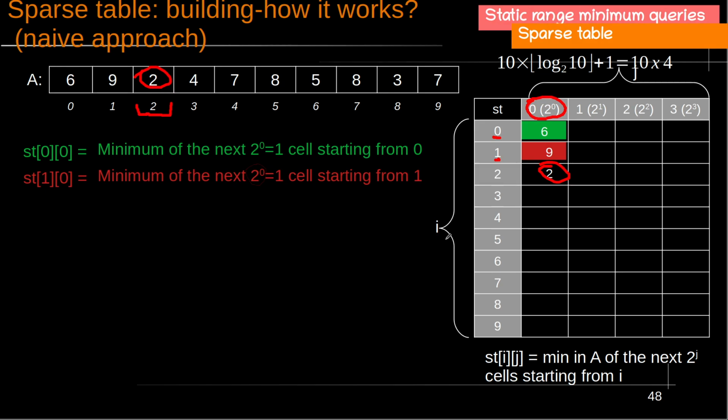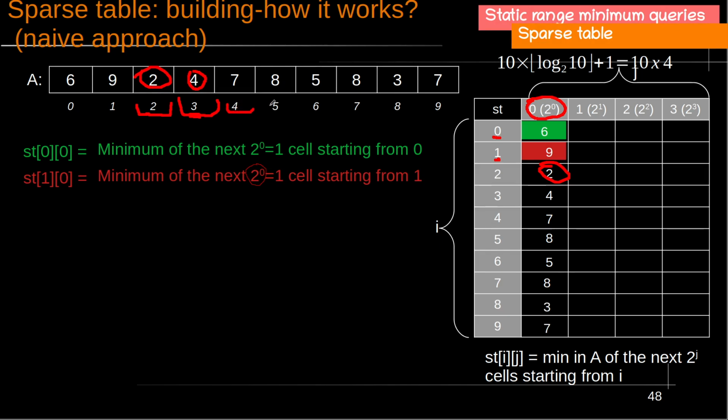Same here, from 3, we take one cell, and the minimum of this value is 4. Same for 7, 8, 5, 8, 3, 7.